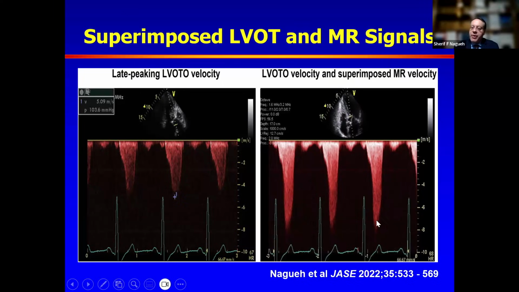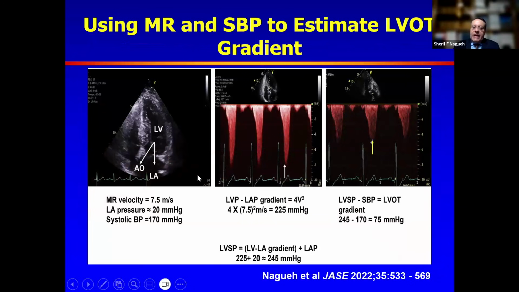Even though we see both signals, it is very difficult to just look at this and say what the peak velocity is. It would include a lot of guessing. So if we are acquiring the signal and showing that mitral regurg, we want to realign, we want to do a sweep to show the LVOT gradient, as you see in this figure.